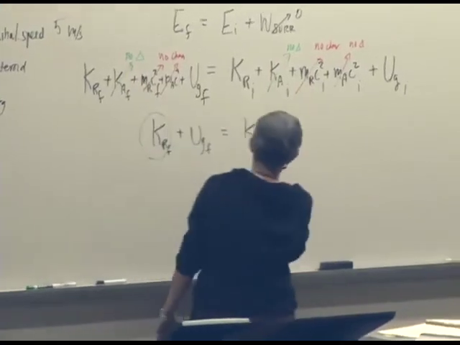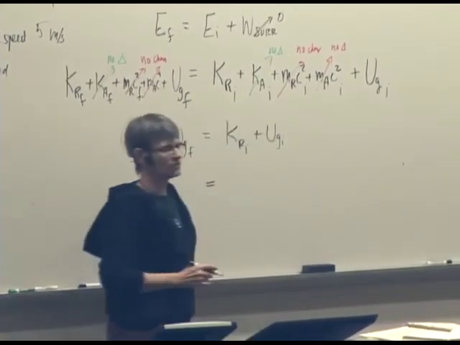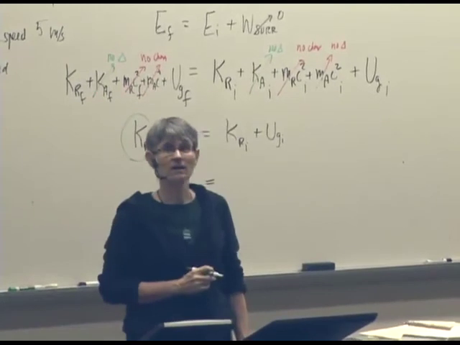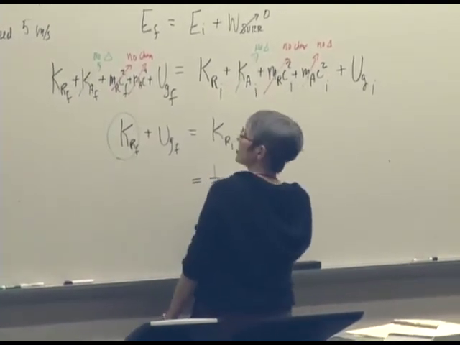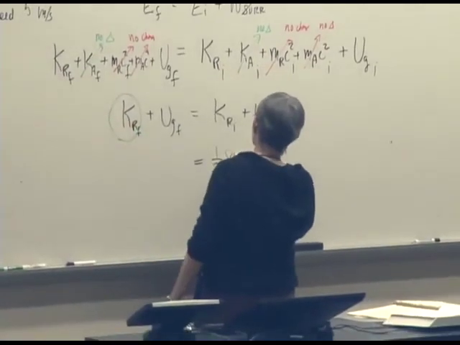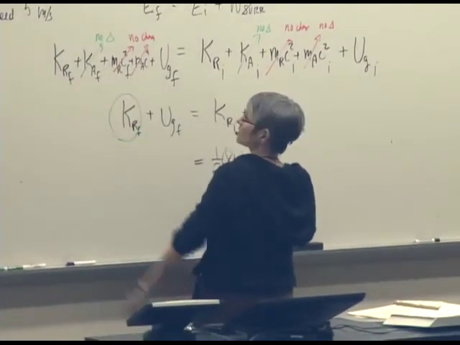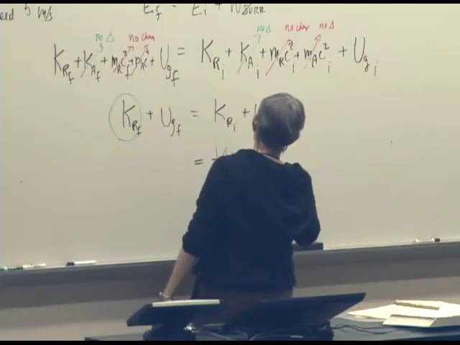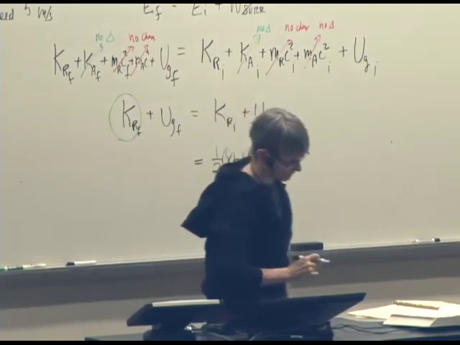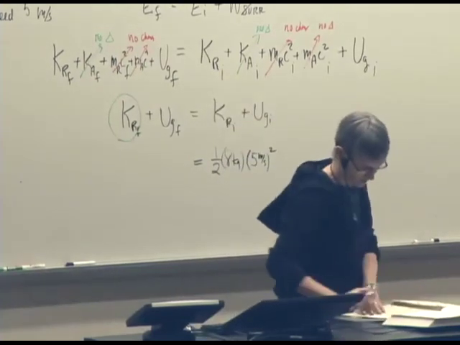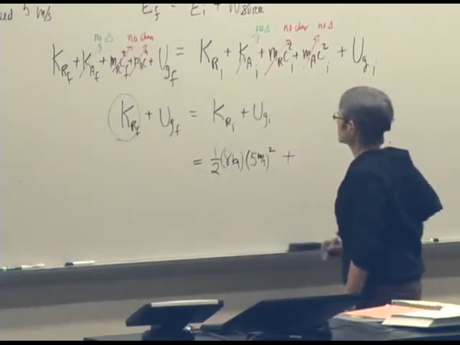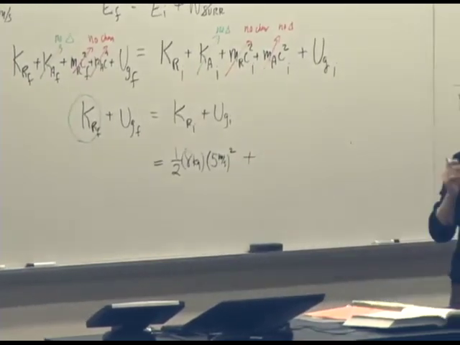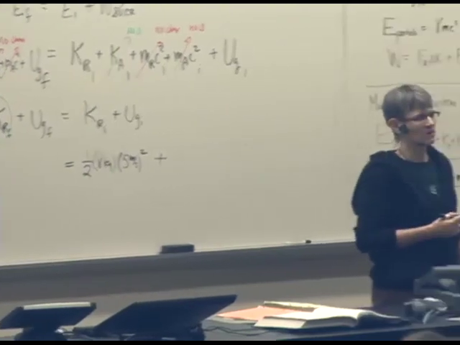So let's try it. Okay, how do I calculate the initial kinetic energy of the rock? Okay, so 1/2 mass of the rock, which is 8 kilograms, initial speed, 5 meters per second, squared. How do I calculate the initial gravitational potential energy of the rock and the asteroid?